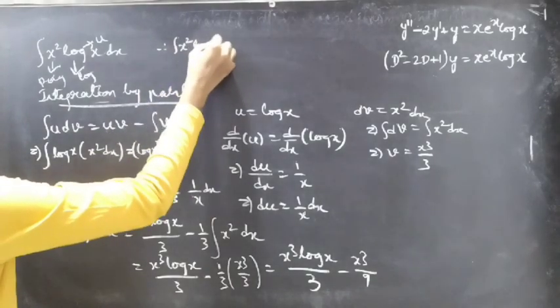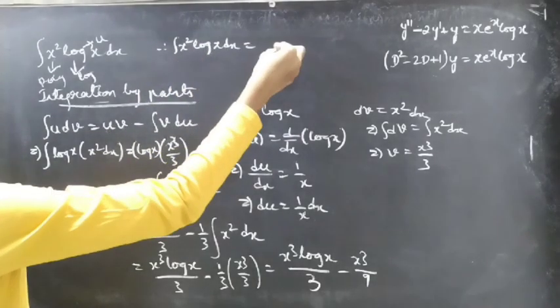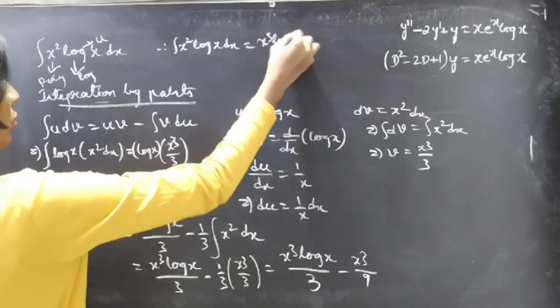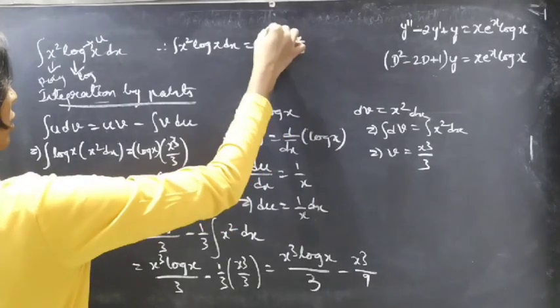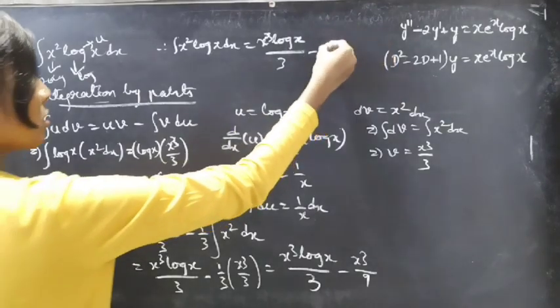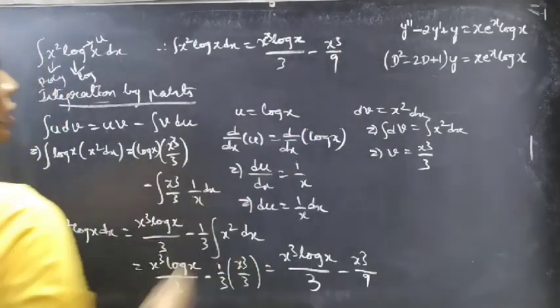Therefore integral x square log x dx equals x cube log x by 3 minus x cube by 9.